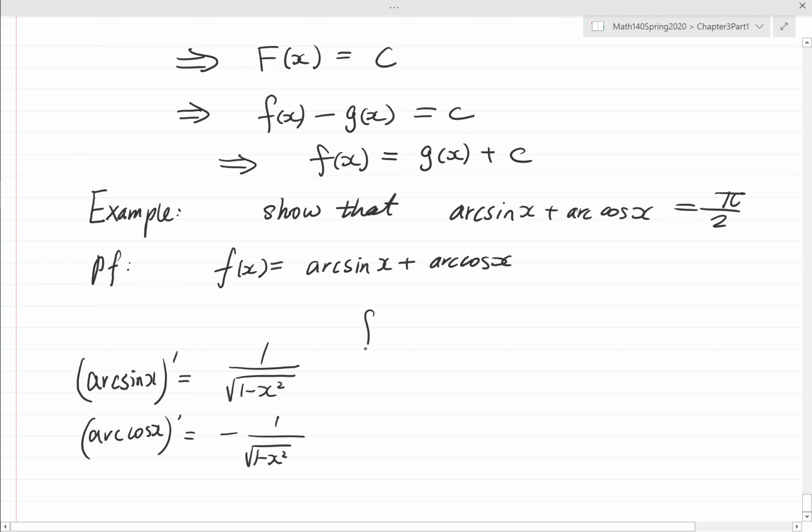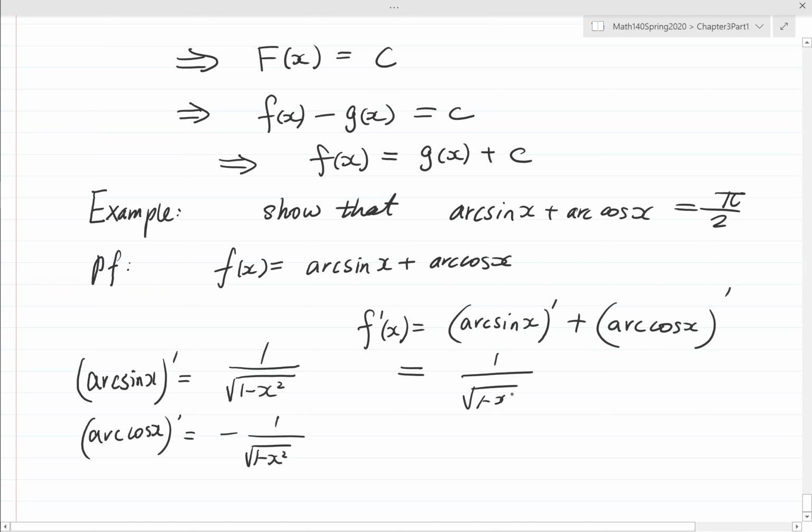So if we differentiate, f' is the arcsine derivative plus the arccosine derivative, by the distribution property. The arcsine derivative gives 1 over the square root of 1 minus x squared, and arccosine gives negative 1 over the square root of 1 minus x squared. Now this is easily 0.